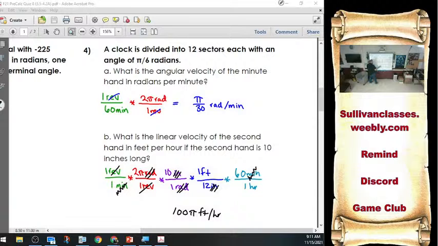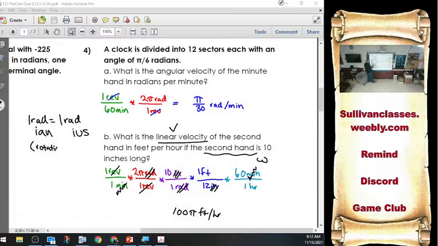You cannot go from the second hand being angular to linear velocity without crossing the boundary. 1 radian is 1 radius. Radian is 1 radius.